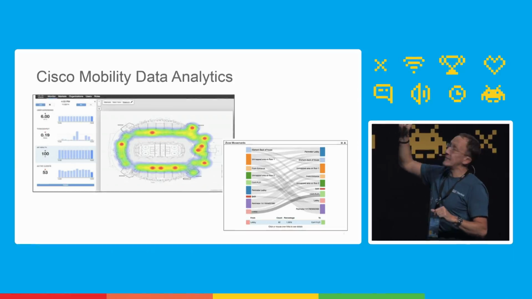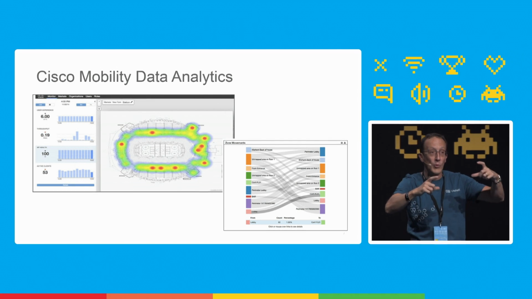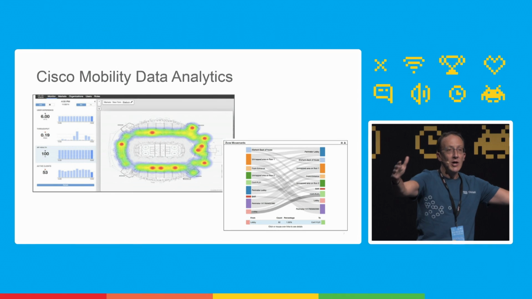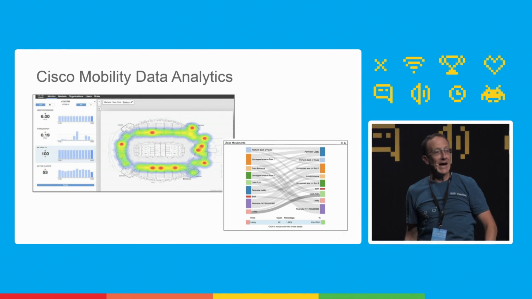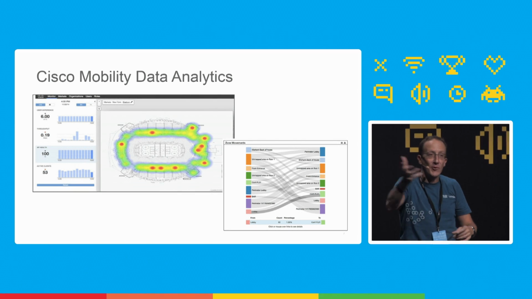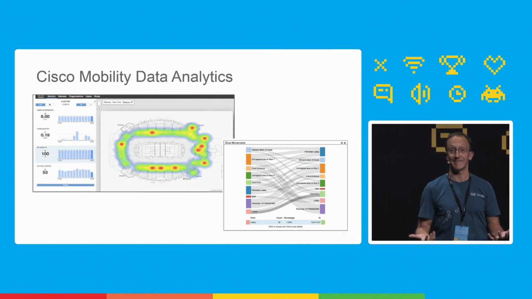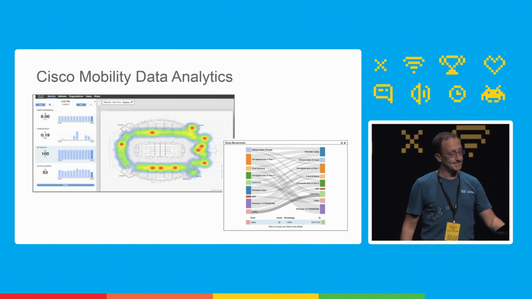You can define specific locations, and you will see how many people went from this center stage to the restaurant, for example. How many people went at the several moments of the day so that you can optimize your overall facility. This is given for free by the technology.